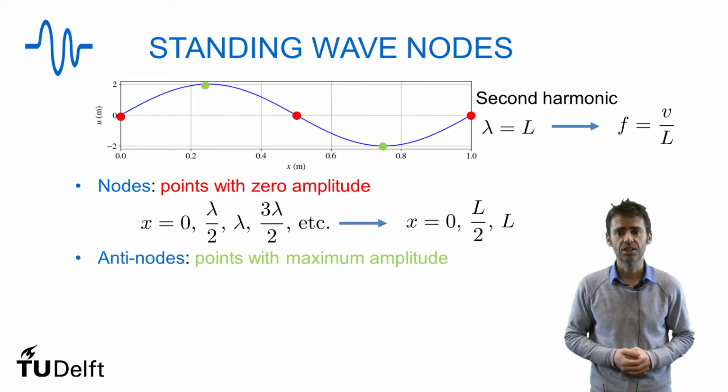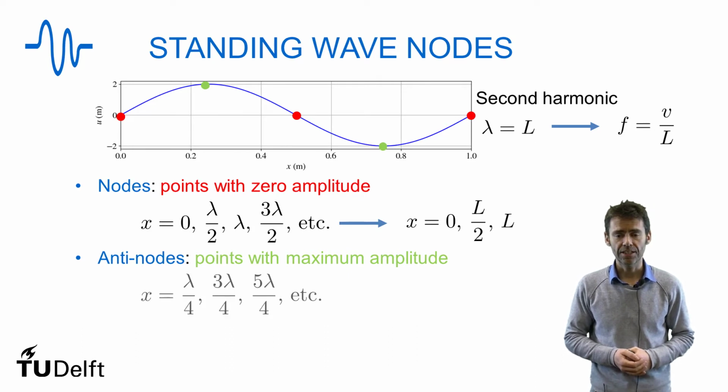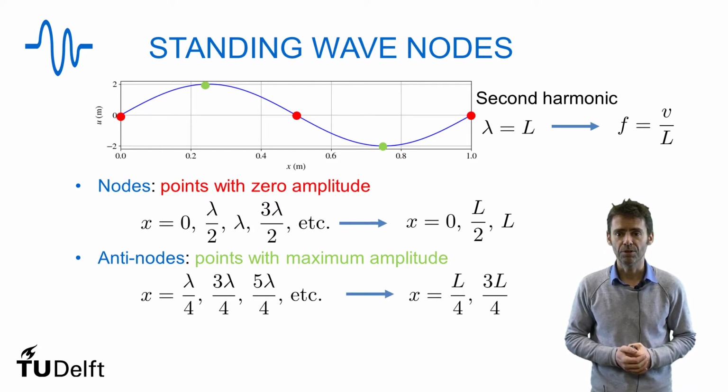Now the antinodes, these are the points with maximum amplitude. They occur when x equals lambda over 4, 3 lambda over 4, 5 lambda over 4, etc. And these are the points then with x equals L divided by 4 and 3L divided by 4, the points where the amplitude of the standing wave is at its maximum.